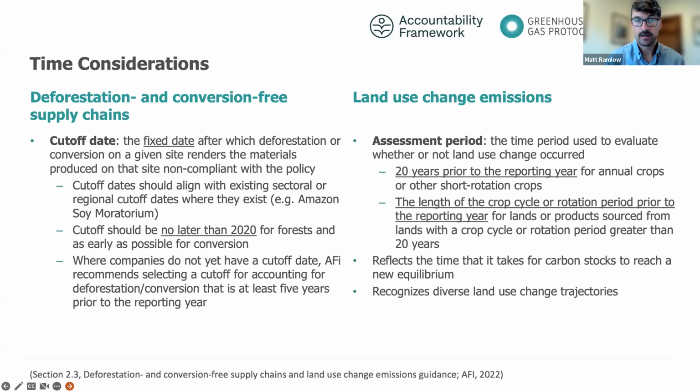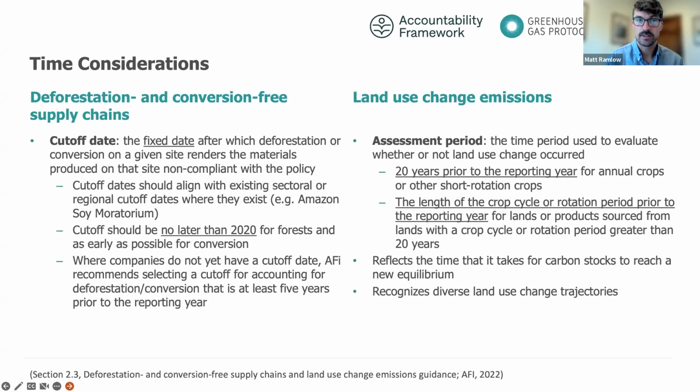There's been a lot of work within various geographies and subsectors to set cutoff dates. We have some examples like the Amazon soy moratorium, and companies are encouraged to adopt those existing cutoff dates that are already out there. If companies do not already have a cutoff date, they should set a date that's no later than 2020, and ideally, AFI recommends selecting one that is within the last 5 years prior to the reporting year.